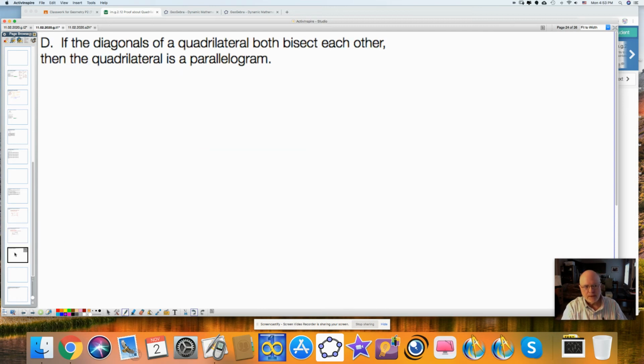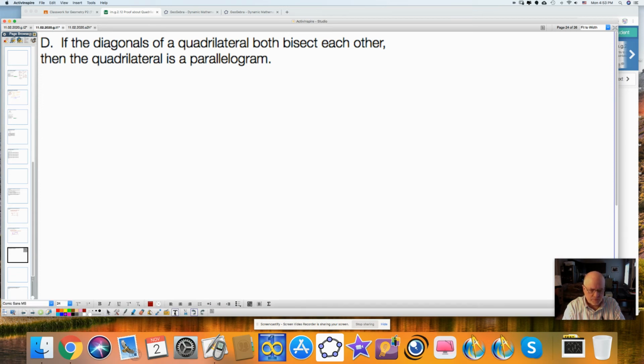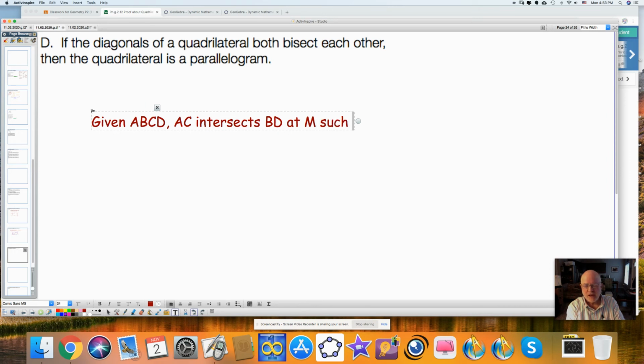Part D. If the diagonals of a quadrilateral bisect each other, then the quadrilateral is a parallelogram. So we're going to be given, I'll type this in: given quadrilateral ABCD, AC intersects BD at M such that AM is equal to CM and BM is equal to DM.